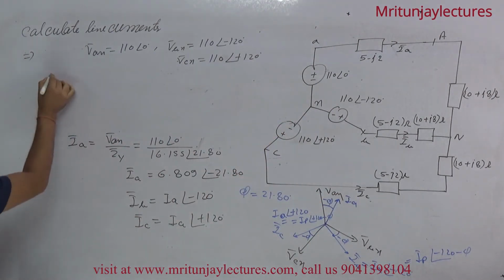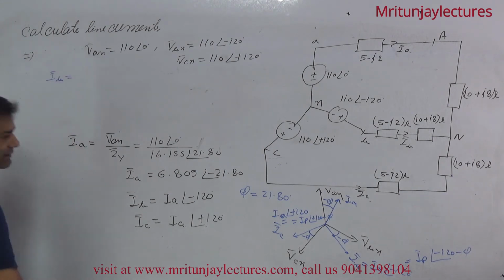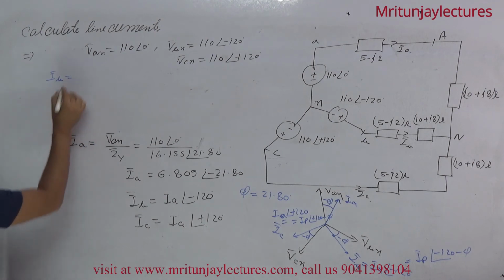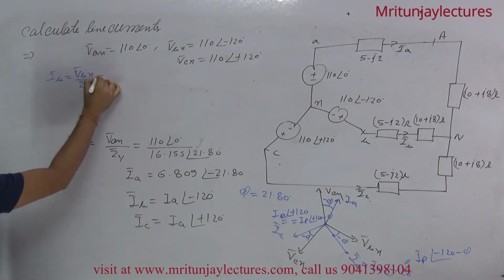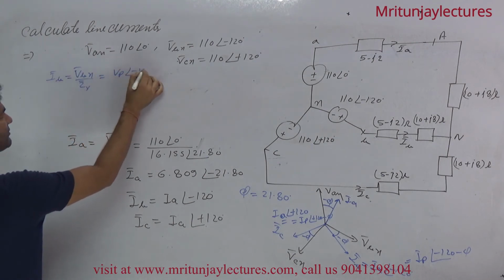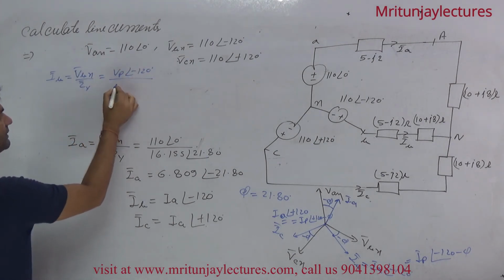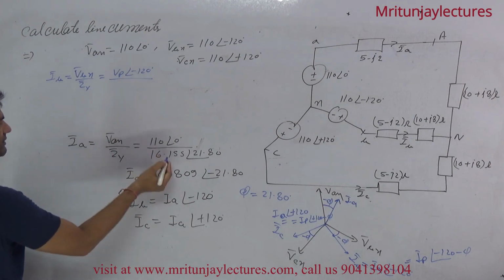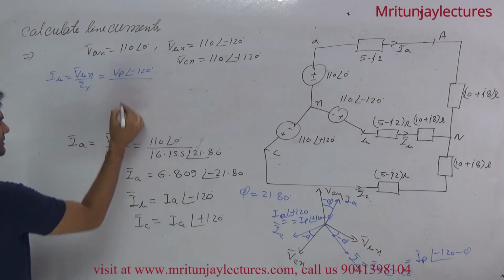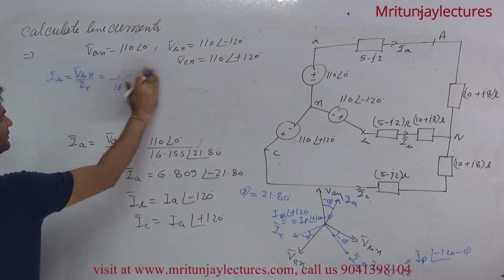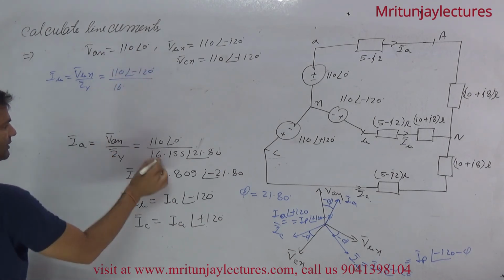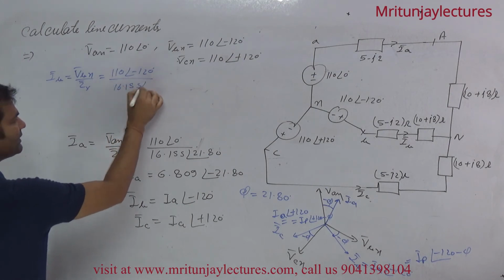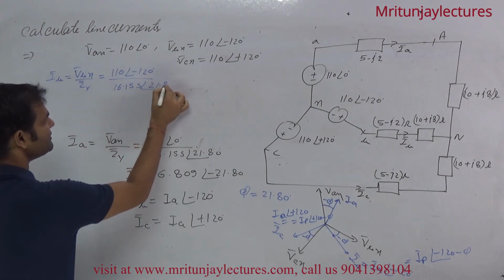If any doubt, what I am saying: IB is equal to VBN divided by Z, that is VP at the angle minus 120 divided by Z, written as 110 at the angle minus 120 divided by 16.155 at the angle 21.80.